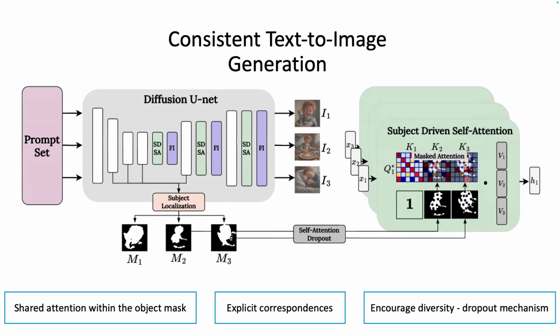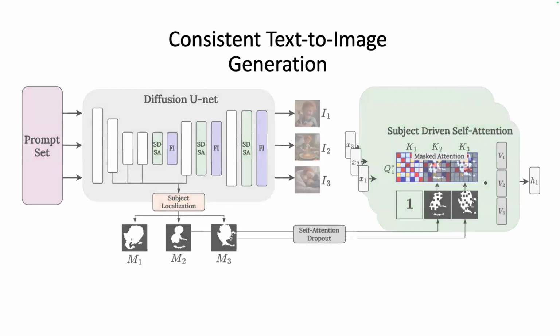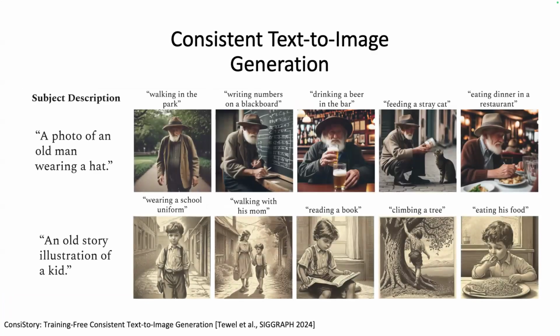So this is the high level idea, and as you saw here, the results that they get are quite impressive. This is also very related to personalization. I'm not sure if you talked about it yet, but this is a bit easier task than personalization because you don't have to be accurate to a specific reference image. You just need to make sure that the set is consistent.